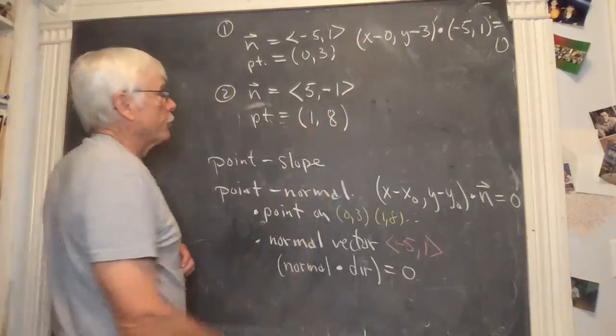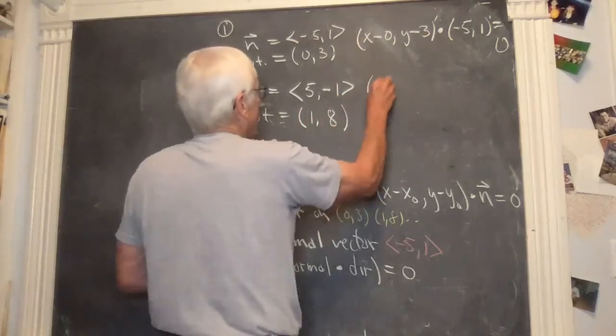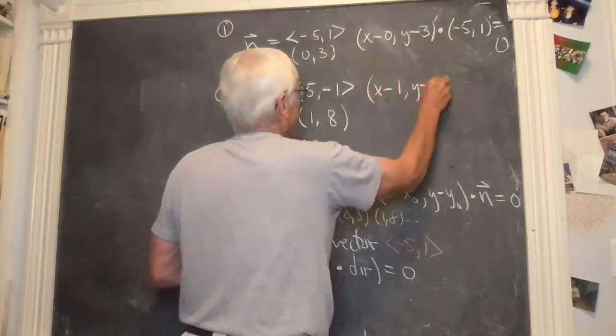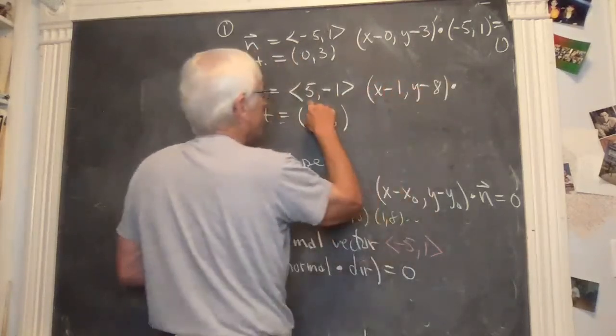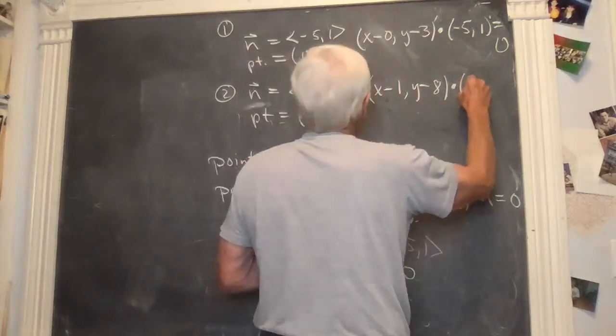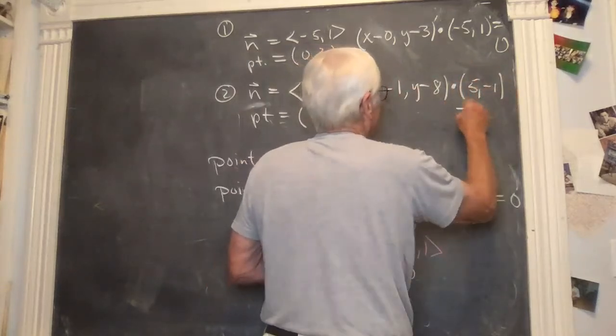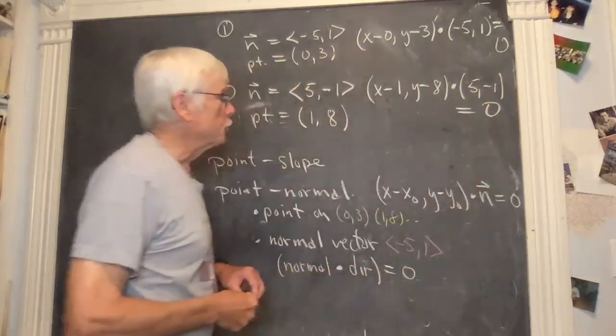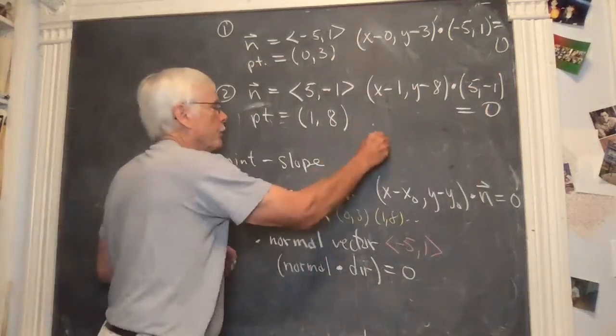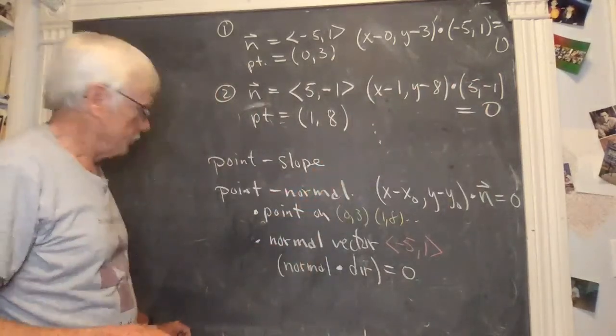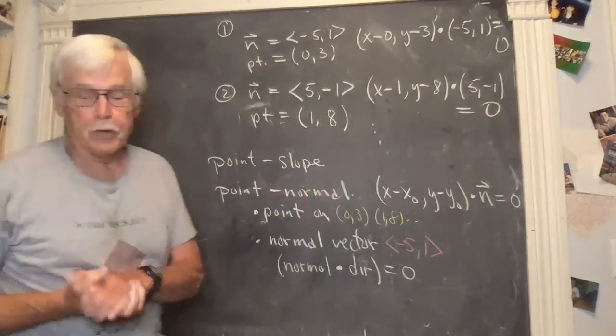And that'll give a different equation. So x minus 1, y minus 8 dot this vector this time, 5 minus 1 equals 0. So these are two, and then you can get more. These are two point normal forms for this.